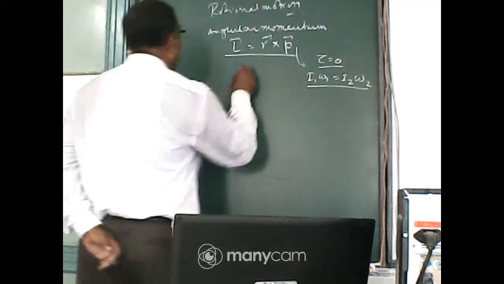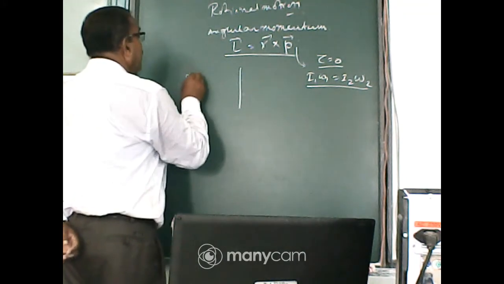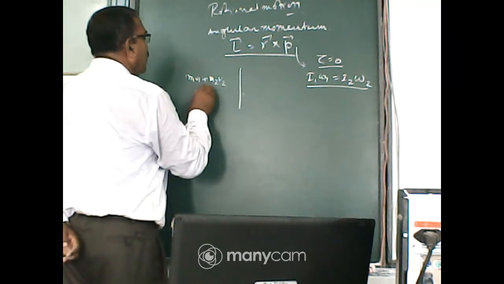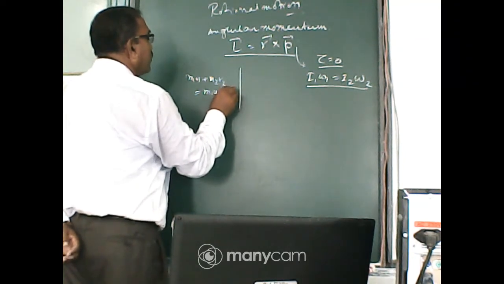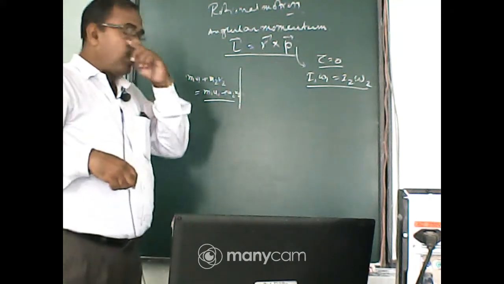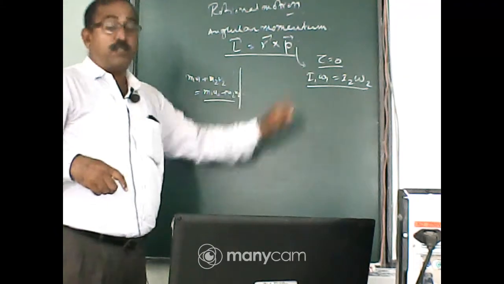You know the conservation of linear momentum, m1 v1 plus m2 v2 equal to m1 u1 plus m2 u2.